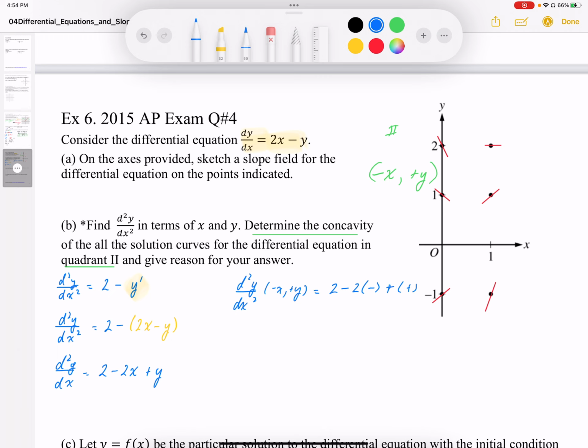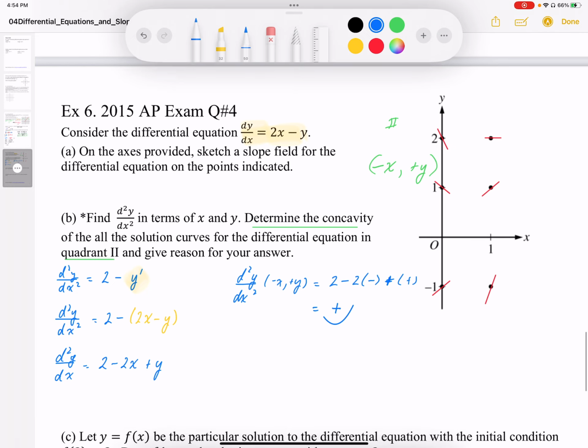When I look at the signs of this, I know that regardless of the values of x and y, we're going to end up with positive, and that means the second derivative is positive, which indicates a positive concavity. So I know that the concavity in quadrant 2 is positive. Our reason is that our second derivative is positive, therefore we have positive concavity.